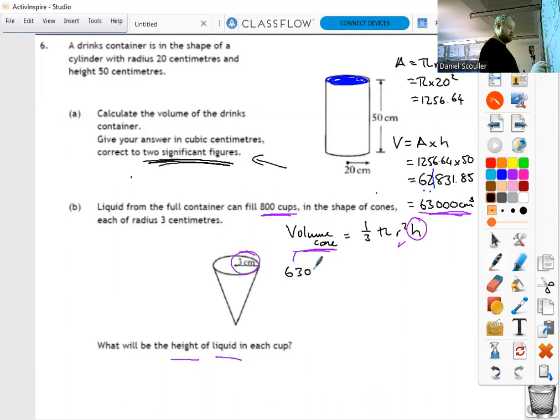So 63,000 divided by 800 equals 78.75. Okay, so 78.75 centimeters cubed of liquid going into each of these cups.